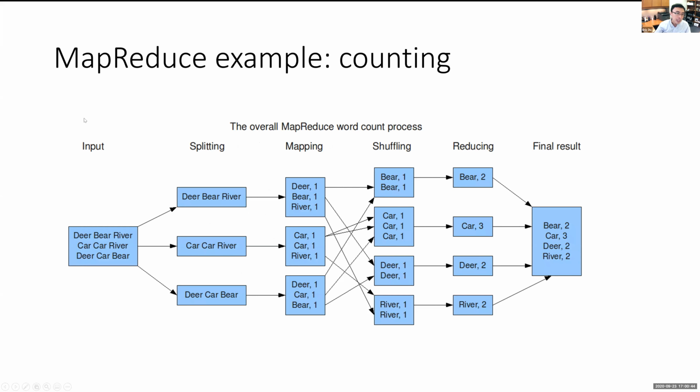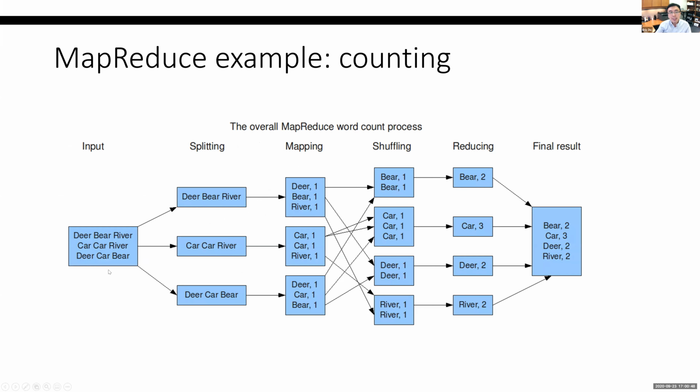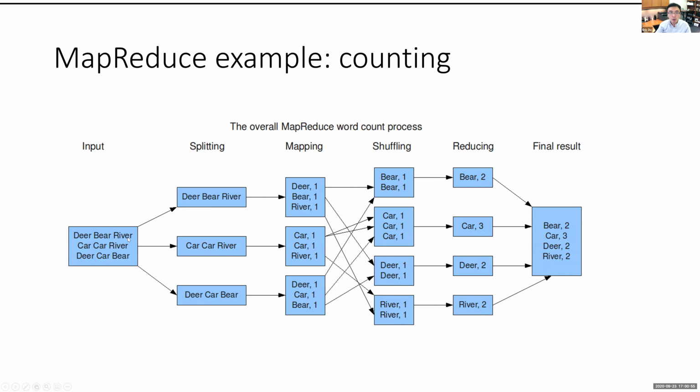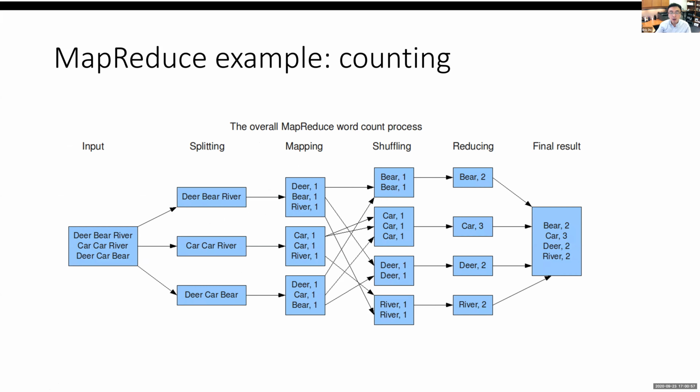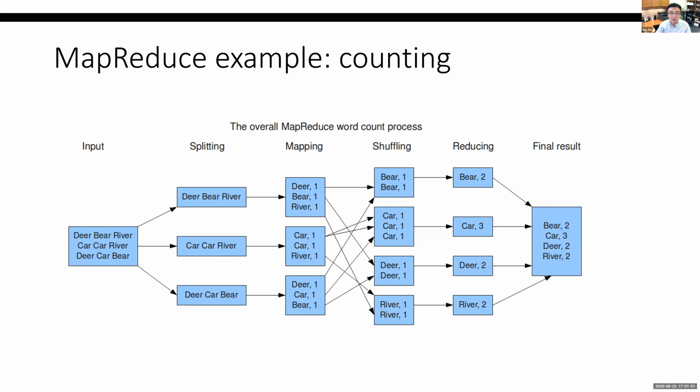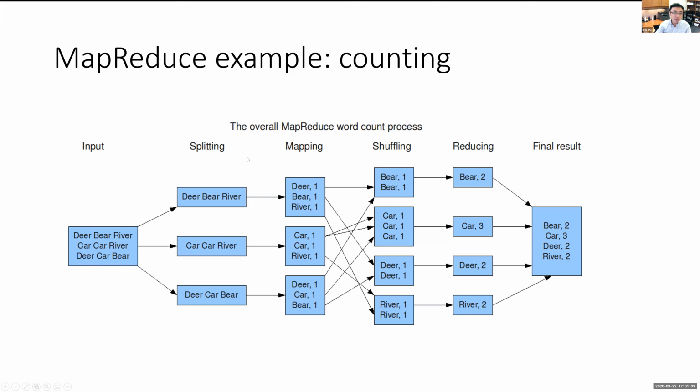Let's say the original file I have is just a text file. In the text file, I have some words: deer, beer, car, and river. My request is to calculate how many times each word appears, like how many beers, how many rivers in this text file. So number one, I split them, okay? I just randomly split them.